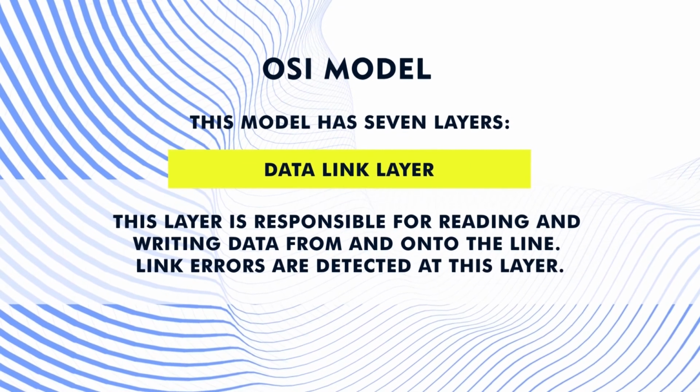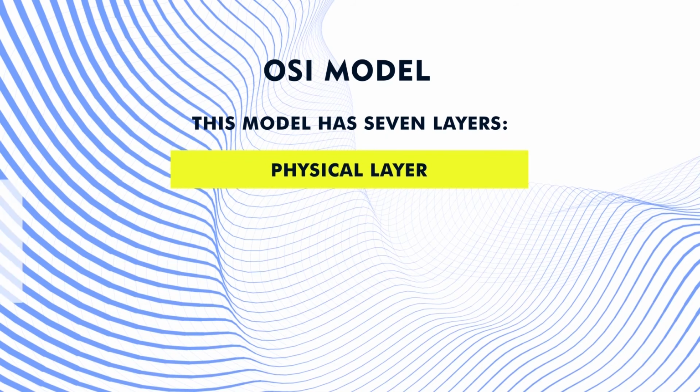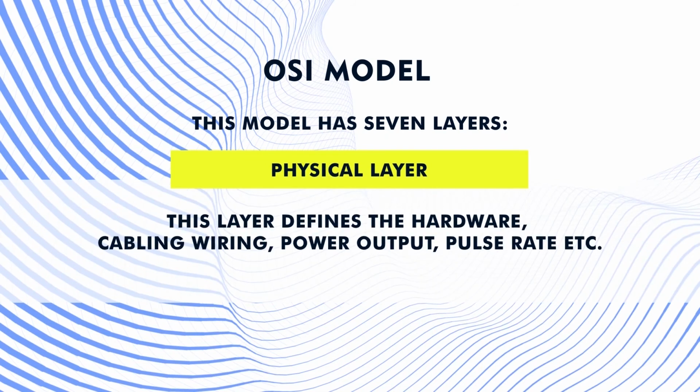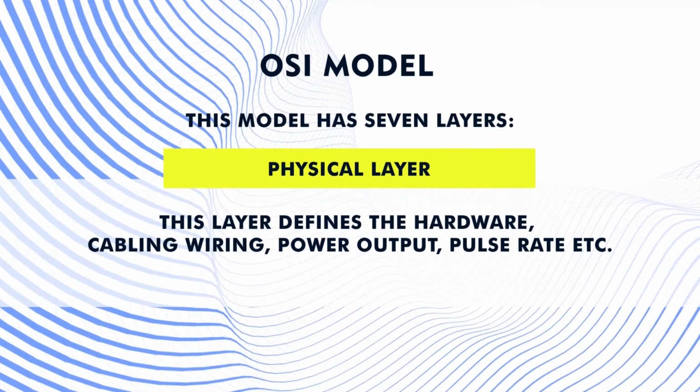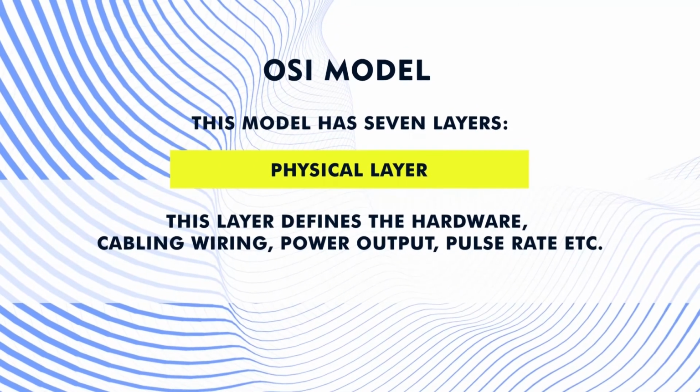Link errors are detected at this layer. The lowermost layer is the physical layer. This layer defines the hardware, cabling, wiring, power output, pulse rate, etc. This layer deals completely with the physical devices and other components.